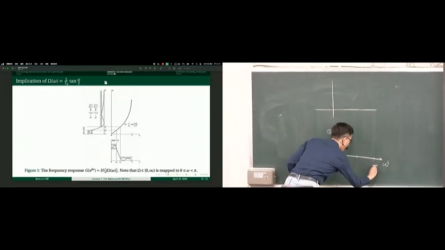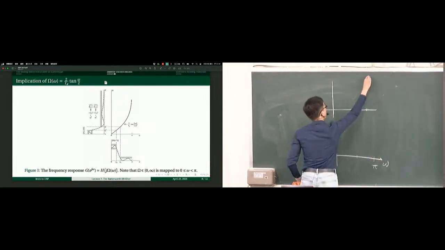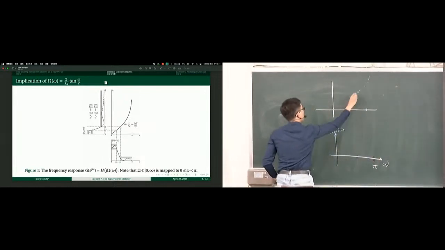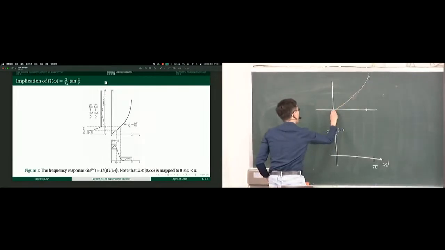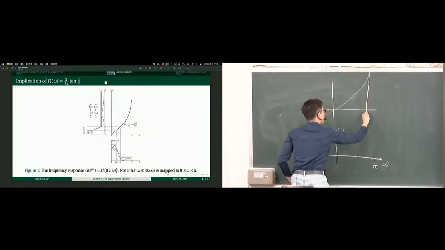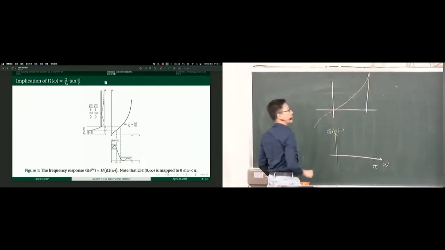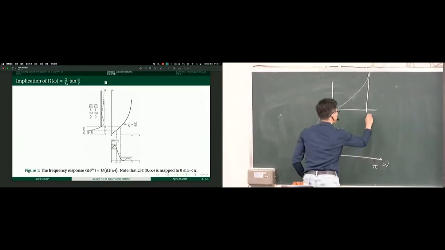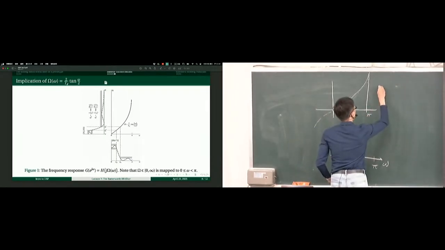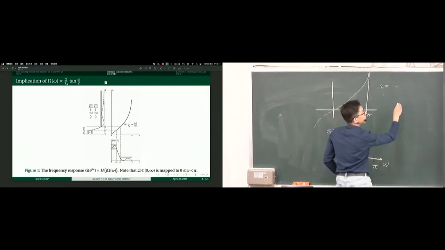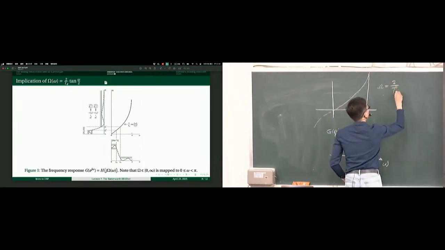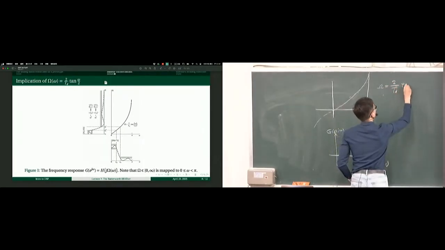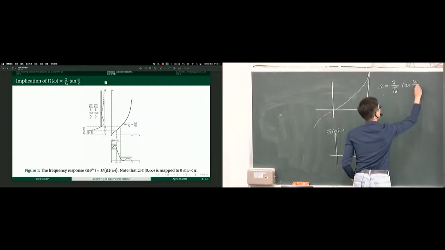This is pi, and tangent goes like that, asymptotically approaching infinity at exactly pi. Because big omega is this factor: tangent of small omega divided by 2.